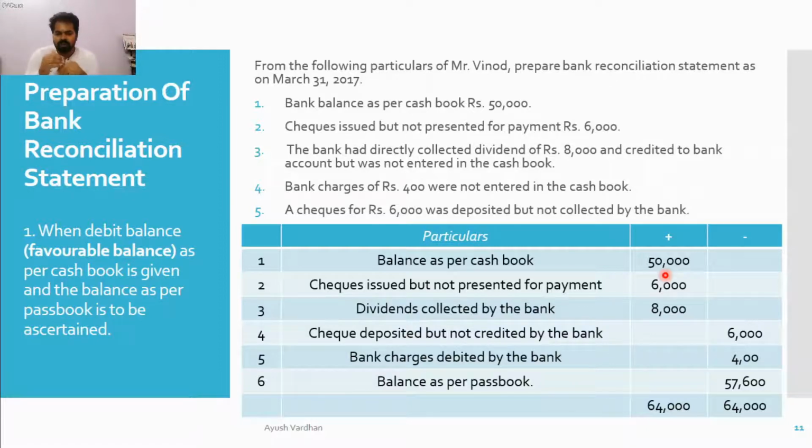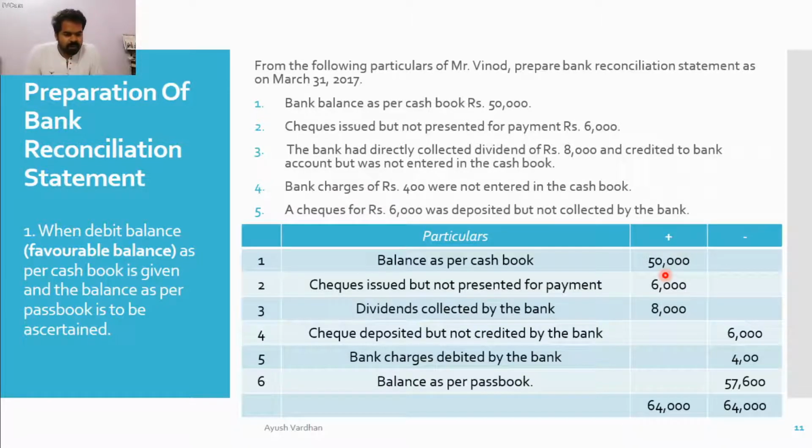So what happens here is, your target is the passbook. Okay, so when we start with a BRC, we have to decide what our target is. On the basis of the target, we do the BRC entries.